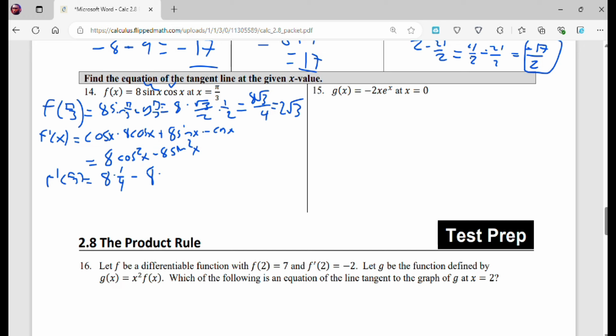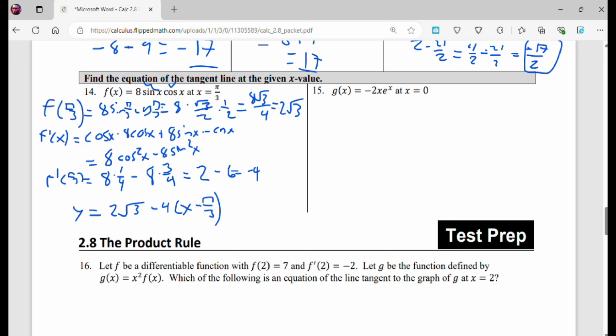Square root of 3 over 2 to the second power is 3 over 4. 8 times 1 over 4 is 2. 8 times 3 over 4 is 24 over 4, which is 6. So that is going to be 2 minus 6 equals negative 4. So y equals y1 minus 4 times x minus x1.